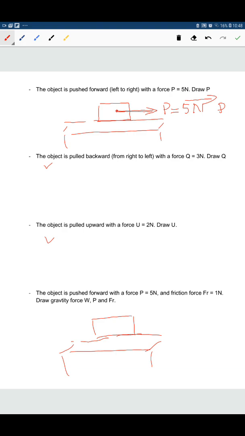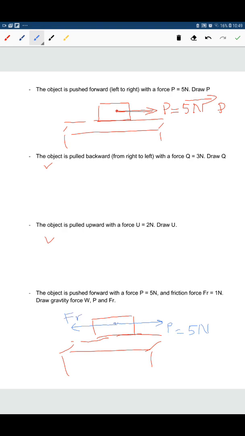It is pushed forward with a force of 5 Newton. And it has friction. So the friction force, as we learned before, should go this way.